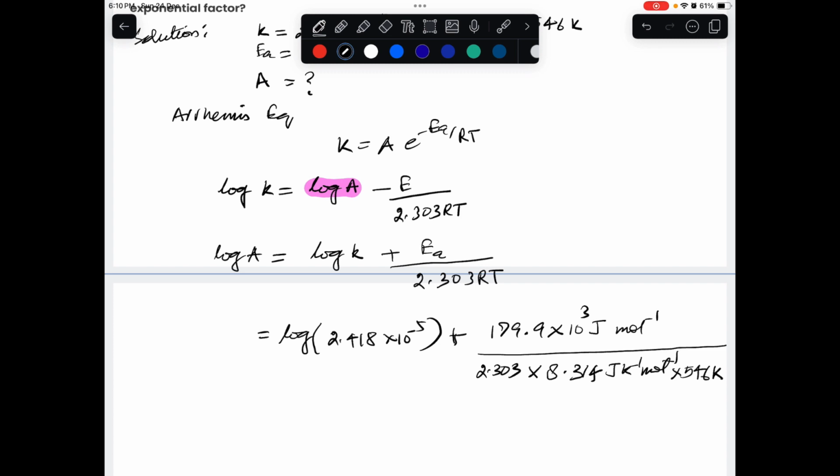You can find out the units also: per mole and Kelvin cancel out, joule will cancel out.